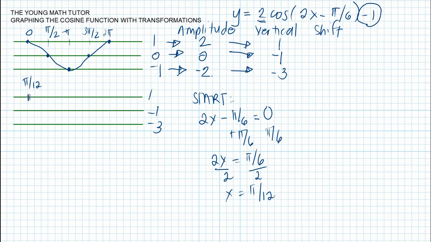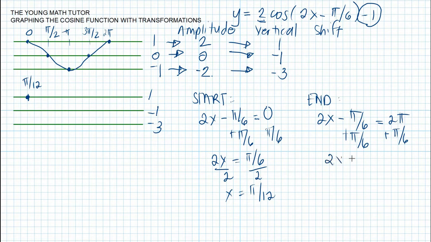So the end is 2 pi, so that means that we have to equate the whole term to 2 pi. So that becomes 2x minus pi over 6 equal to 2 pi. Then we add pi over 6 to both sides, and that will give us a value for x, which is equal to 13 pi over 12.